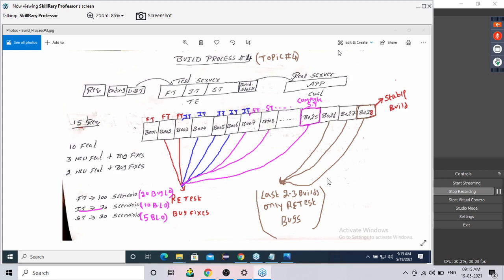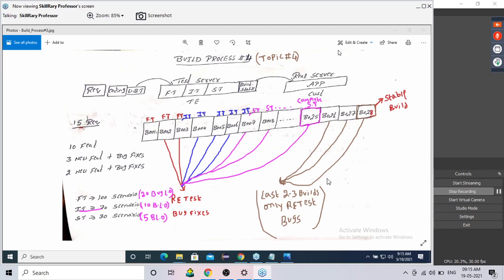and given to the test engineer for testing it until it becomes stable.